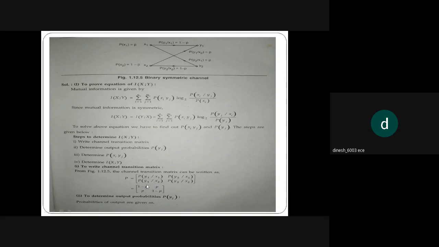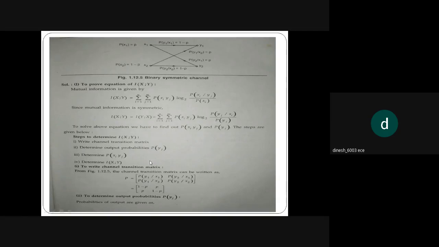The first column is always having output as 1, input as 1. The second column has output as 2, input as 1. So always y is your output, x is your input. Keep that in remembrance. In the second row, input is 2, output is 1.